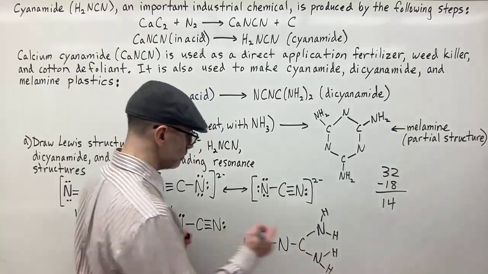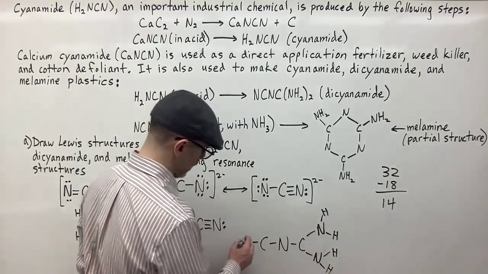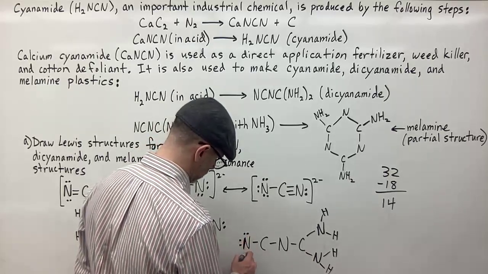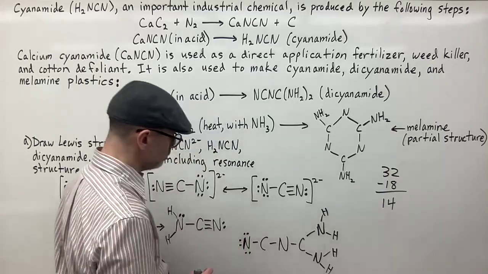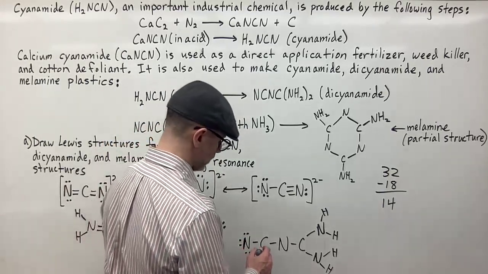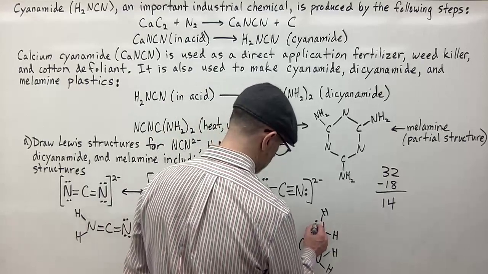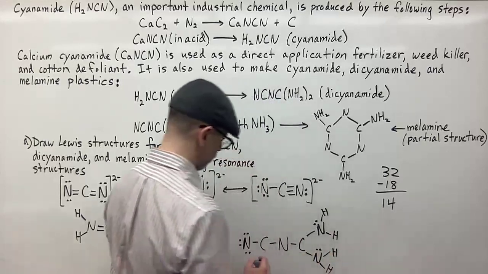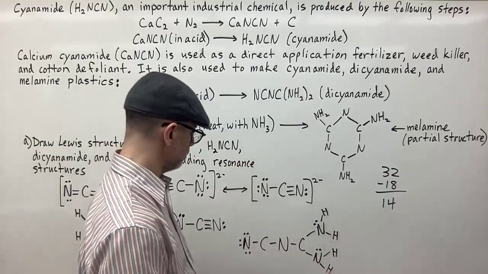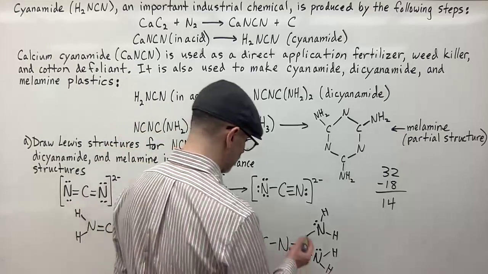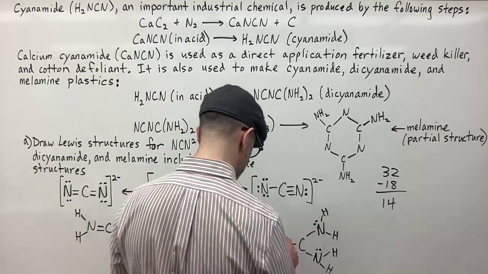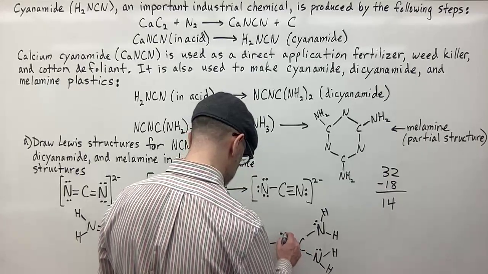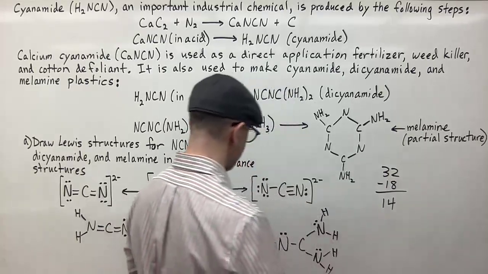So I have nitrogen here, so that needs 3 lone pairs. That's 6. This nitrogen needs a lone pair. This nitrogen needs a lone pair. That's 10. And this nitrogen needs a lone pair as well.